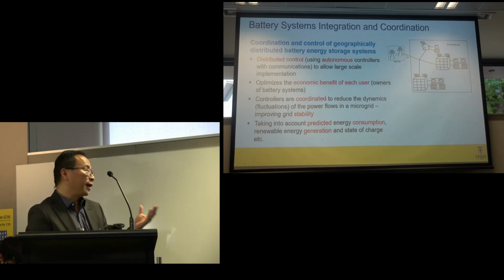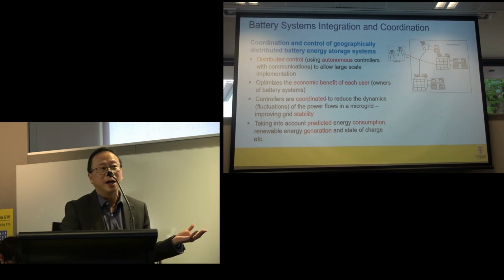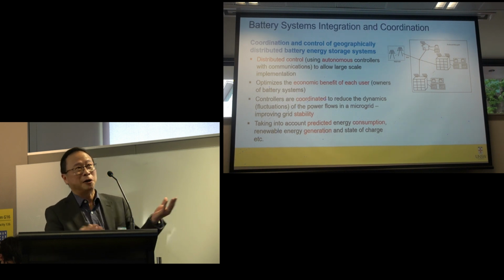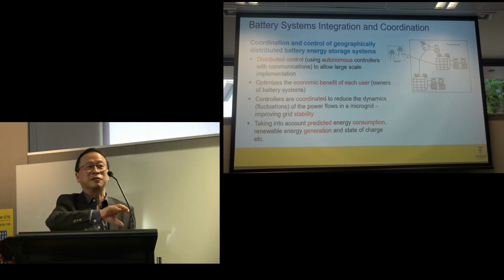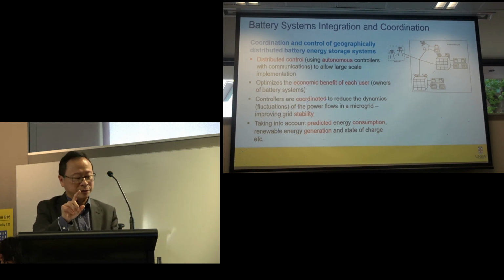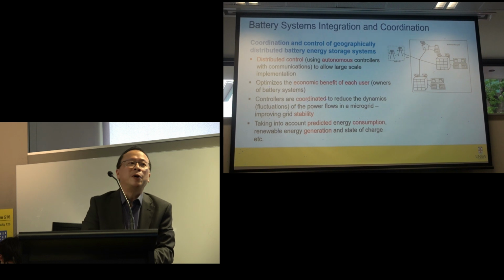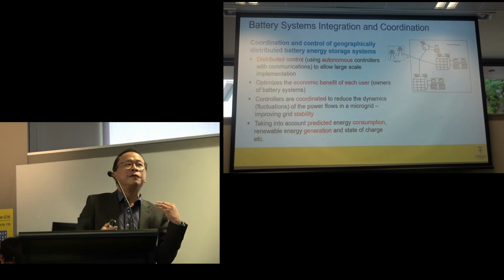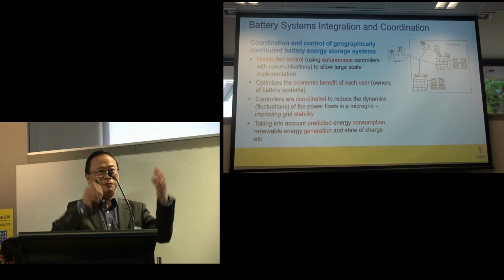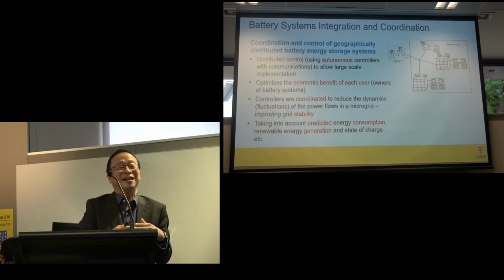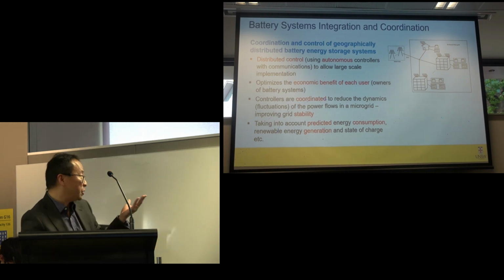One of the things we're looking at is that those systems need to be controlled autonomously. So each battery is controlled by itself rather than centrally. Central control systems have a number of problems. Number one is that you may have poor fault tolerance. If something goes wrong with the central controller or the communication network, then you have a problem.